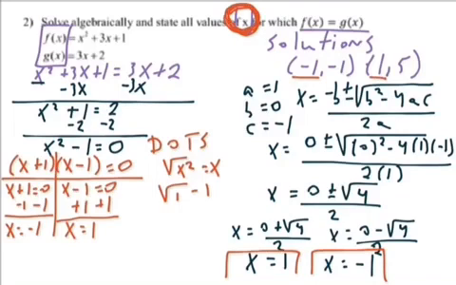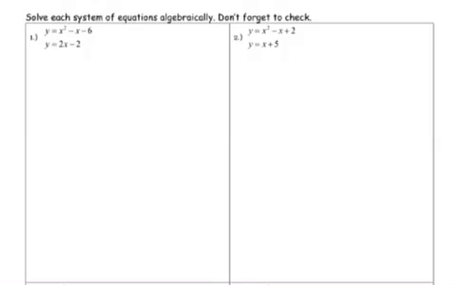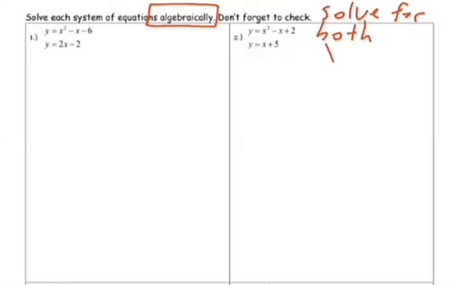Now let's look at page 12. The directions on page 12 say to solve each system of equations algebraically. That means when you are solving these four equations, you must take and solve for both x and y.